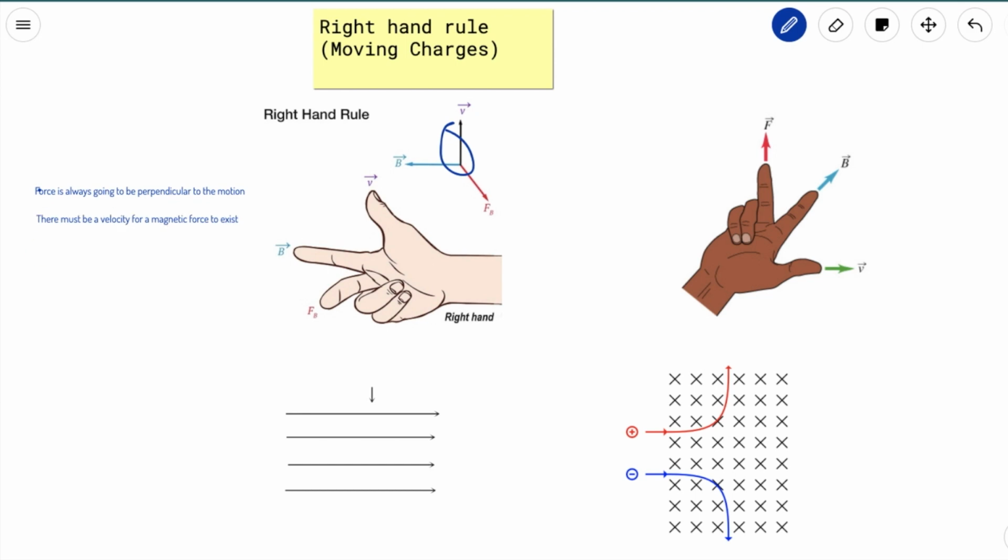These are two basic rules that are going to be very important, and this comes basically from the equation magnetic force equals BVQ, where B is going to be the magnetic field, little v is going to be the velocity, and Q is going to be the charge.